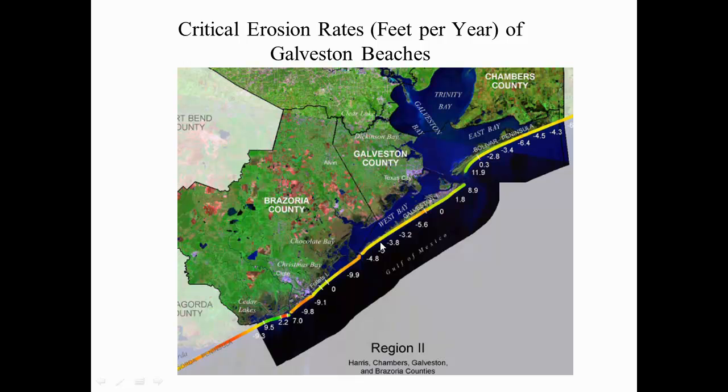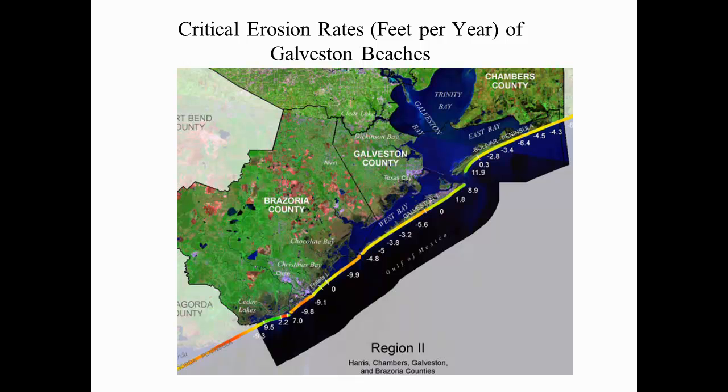However, as we move further towards the west, the red and the orange segments are stretches of beach that are undergoing net erosion. In other words, the beaches along those particular sections are disappearing at a rate of several feet per year, and that's really where the problem is along this particular section of the Gulf Coast. Some parts of the Gulf Coast, particularly far to the south here, are losing beach by as much as 10 feet per year.